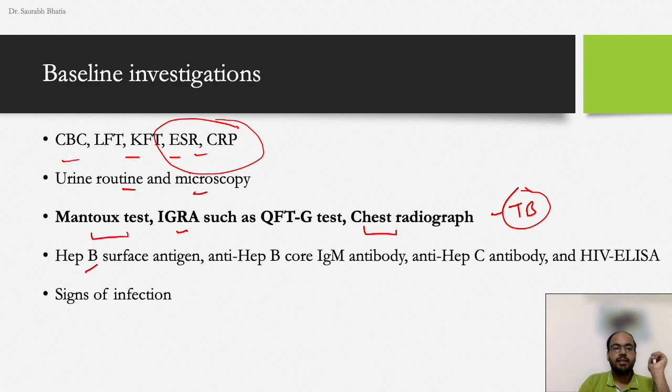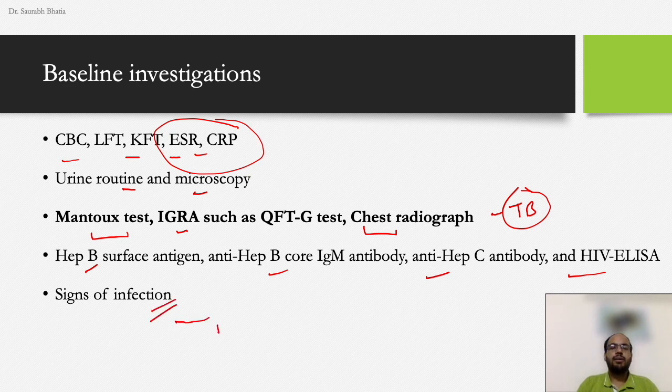Other viral markers like hepatitis B and hepatitis C, and HIV ELISA have to be negative before considering infliximab. Although there have been instances of seropositive patients who have received infliximab for other conditions, that has to be significantly monitored. It's better you get everything under control before even considering infliximab. Check for any signs of infection.